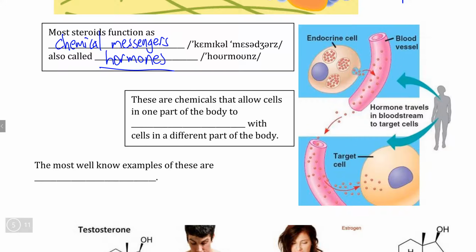Well, hormones are simply molecules that are produced in one part of the body, transported through the bloodstream to carry a message to cells in a completely different part of their body. In other words, hormones allow cells in one part of the body to indirectly communicate and send messages to cells in a completely different part of the body.